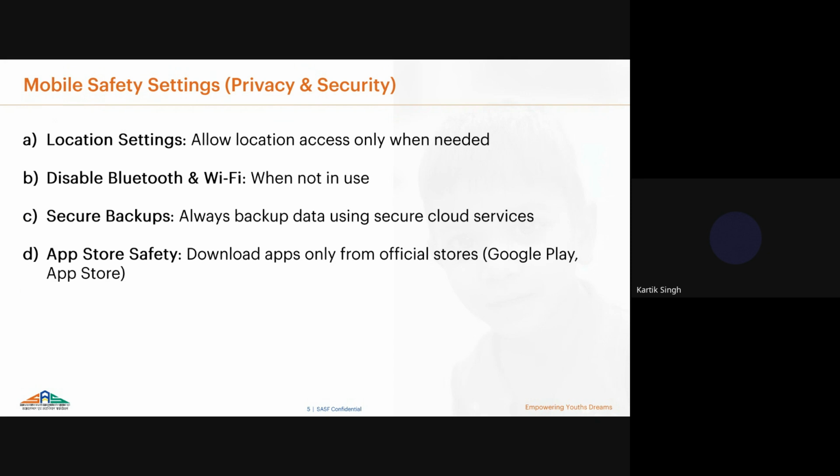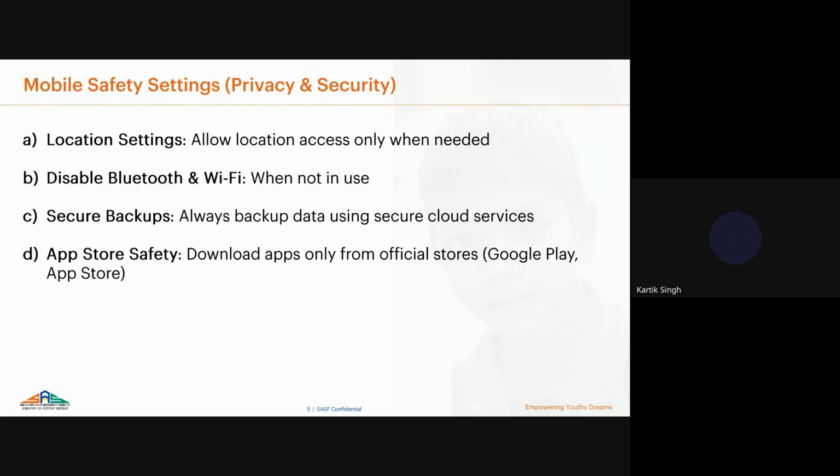Allow it only when it is necessary, like when you want to book an Uber, or you want to order something, then you can enable your location so that you can use it seamlessly. Otherwise you don't need to allow location access to the applications or the device.